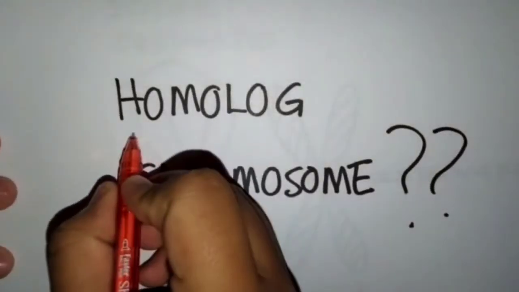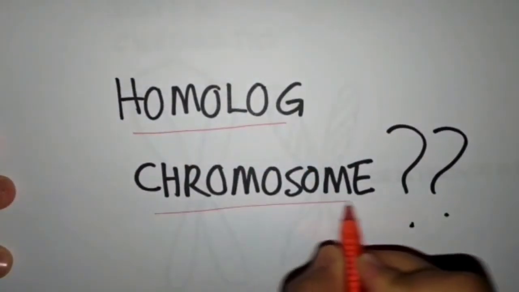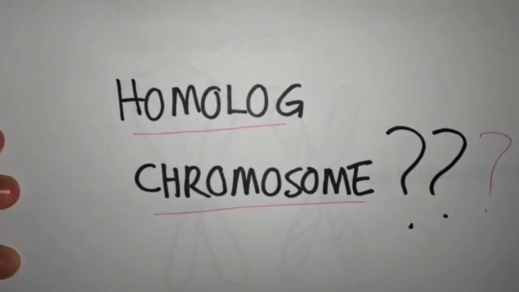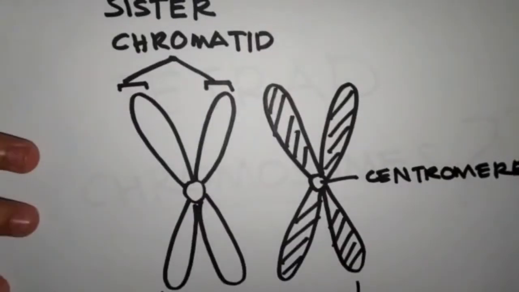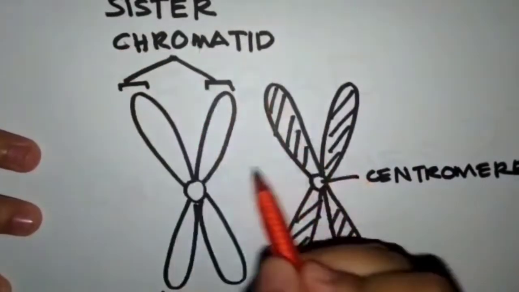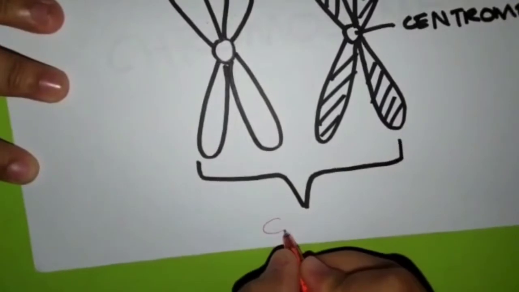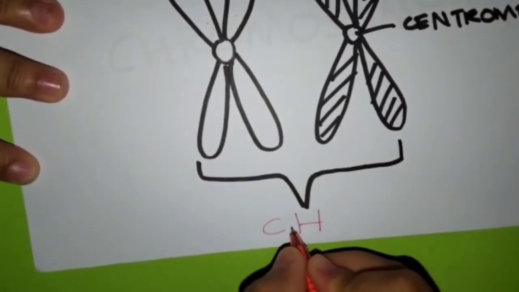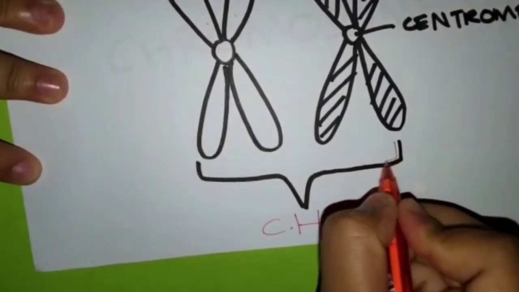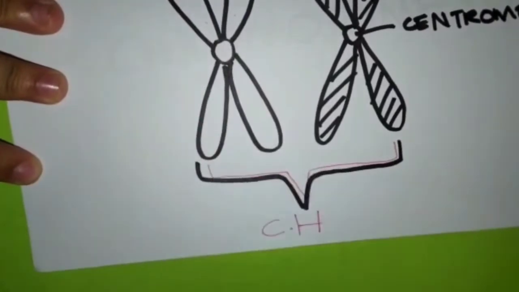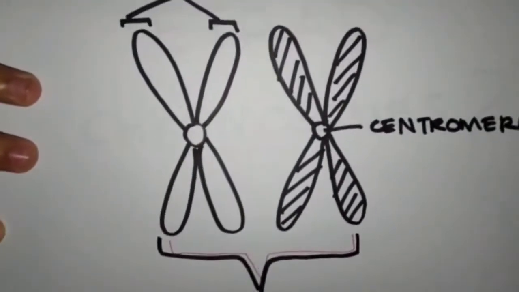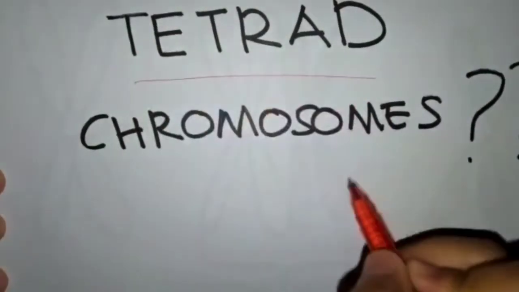First, what is homologous chromosome? Homologous chromosomes are a pair of DNA molecules which contain information for the same gene, though each homologous chromosome may carry different alleles. So that is what is meant by homologous chromosome. The next term is tetrad chromosome.